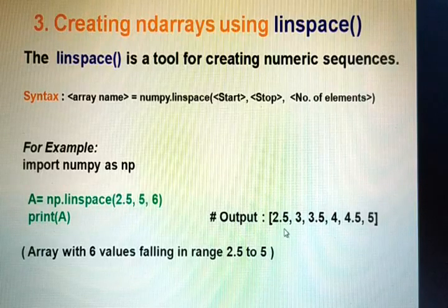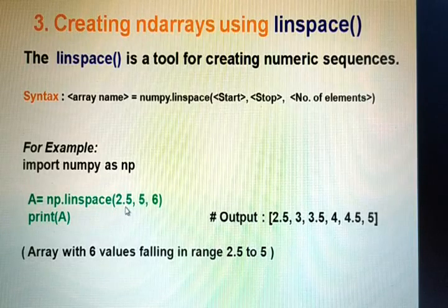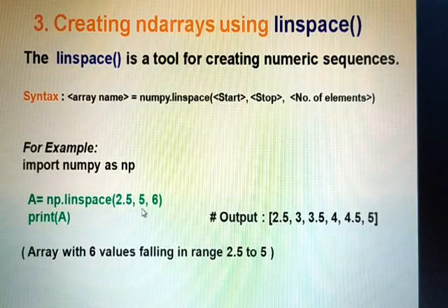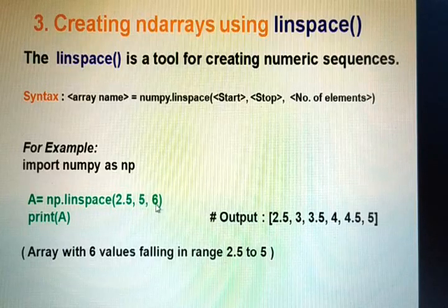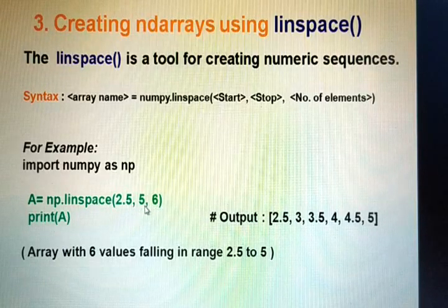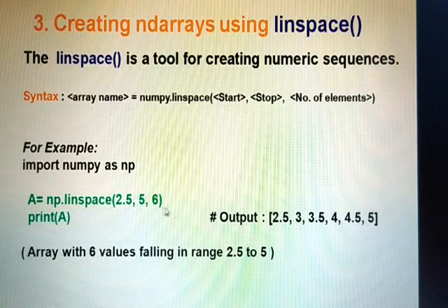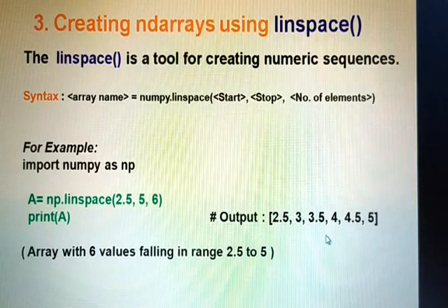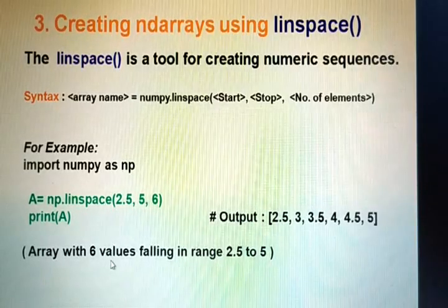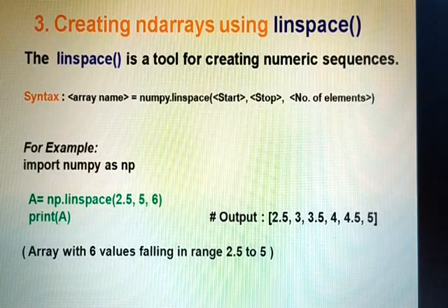There are 6 elements. So the start value is 2.5, the final or stop value is 5, and 6 is the number of elements. It means between these two limits the array is divided into 6 different elements. So we can say it is an array with 6 values falling in the range 2.5 to 5.